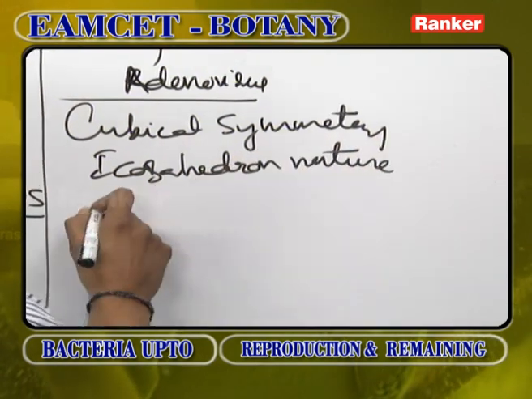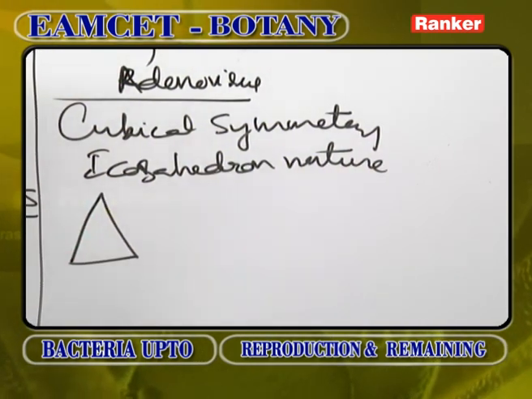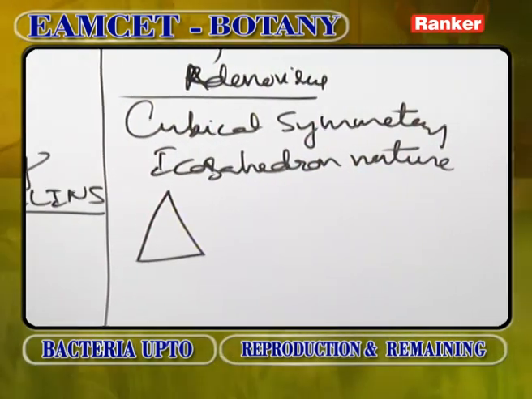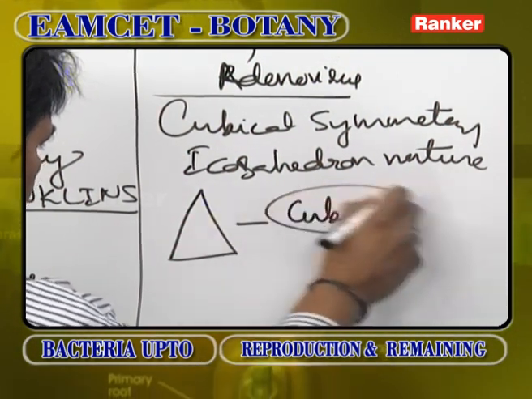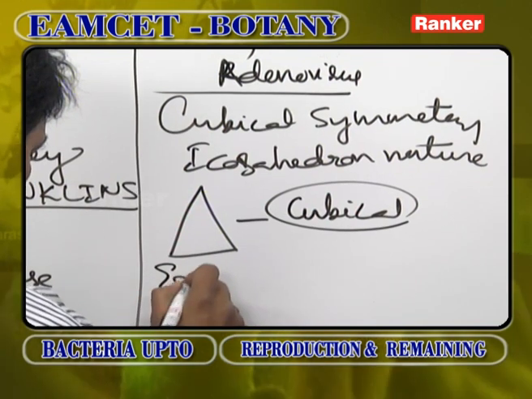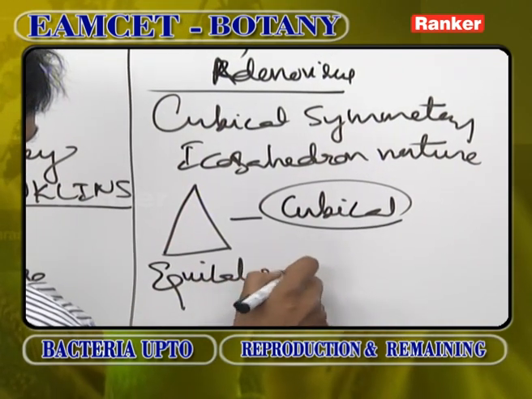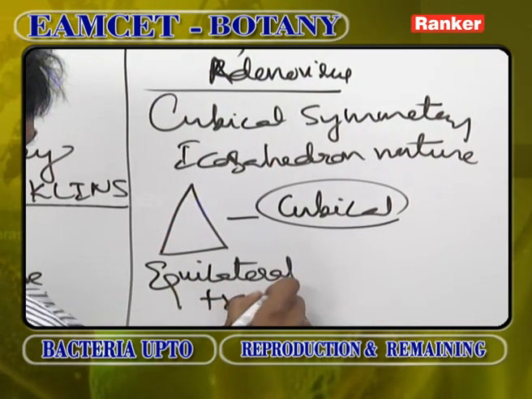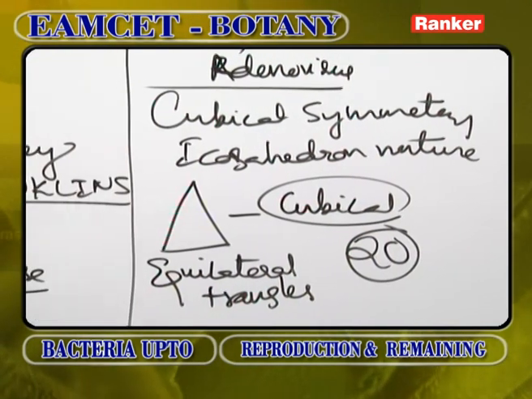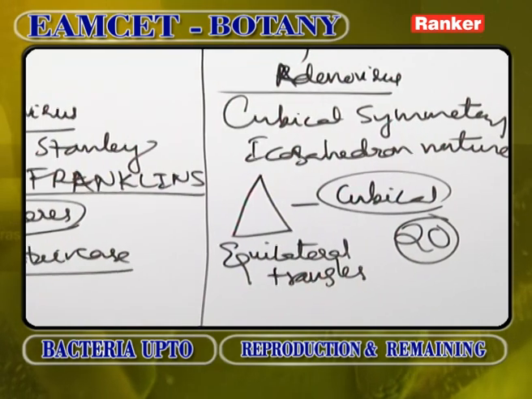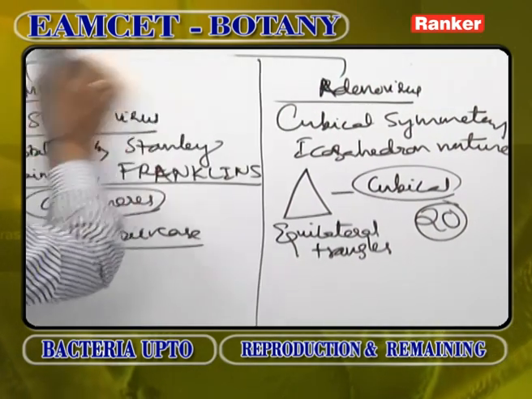Here every capsomere is an equilateral triangle, and around 20 equilateral triangles are arranged in a cubical manner.